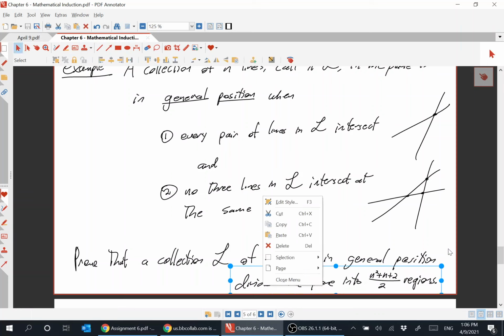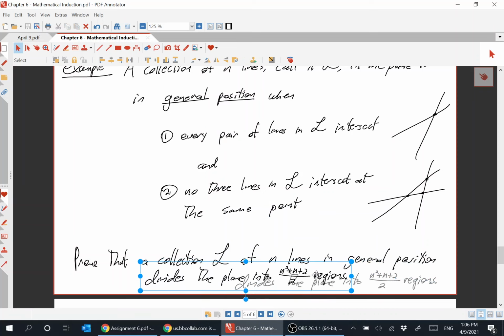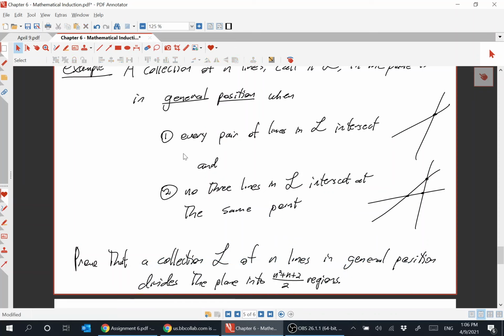So where's the predicate Pn that we're trying to prove? Where is the statement that is either true or false? The statement: the number of regions is equal to n squared plus n plus 2, all divided by 2.